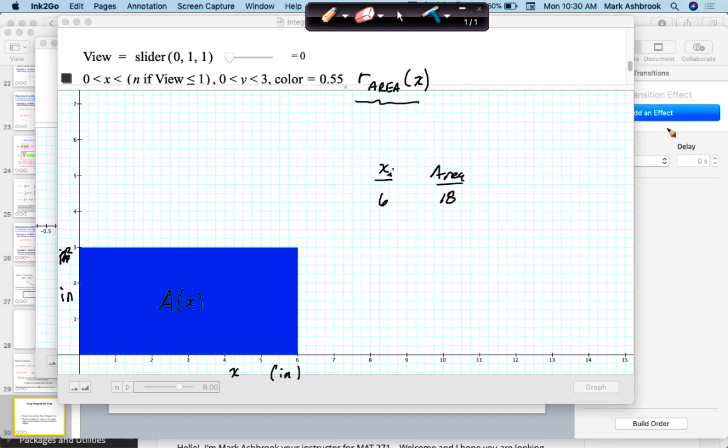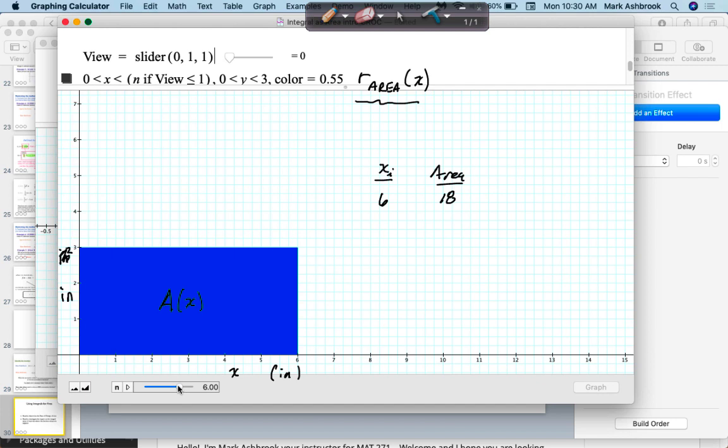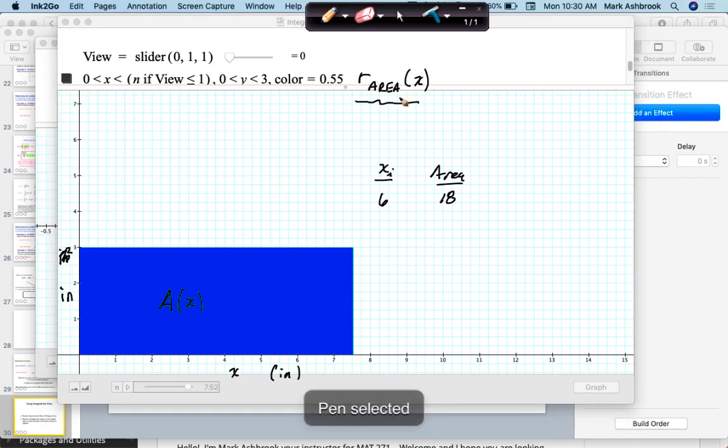And then if I go to x final, say 7.5. What's area final? 7.5 times 3, 22.5, is that right? Okay, so how much did x change? How much did the area change?